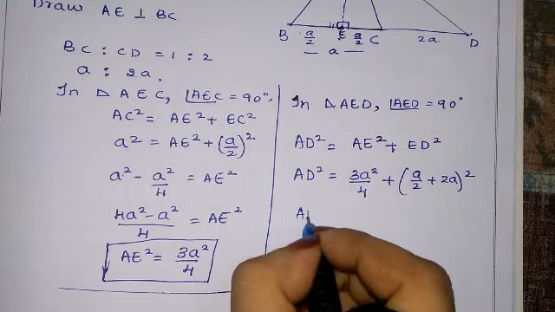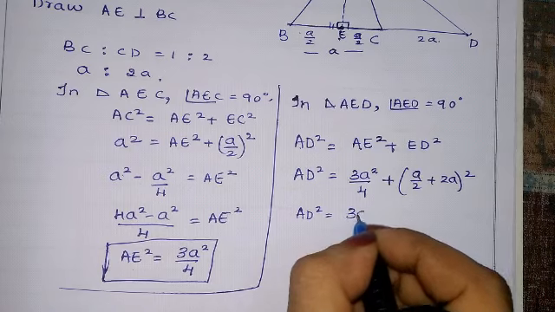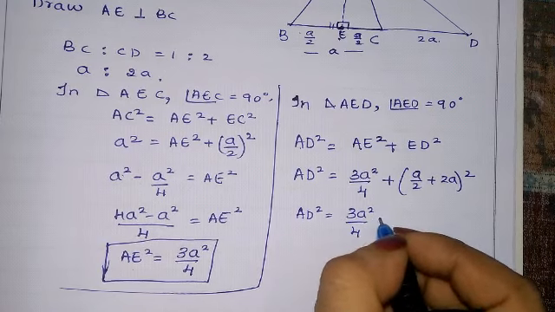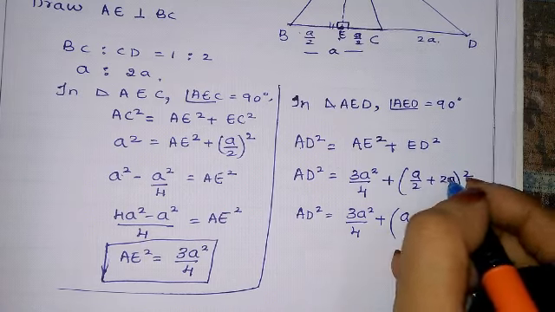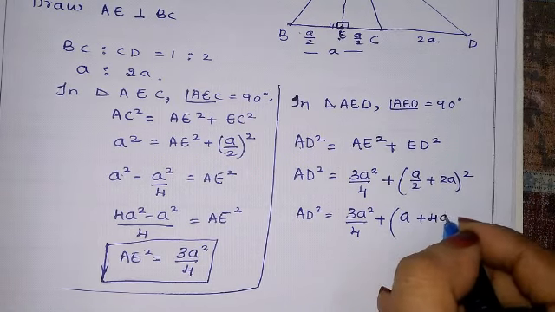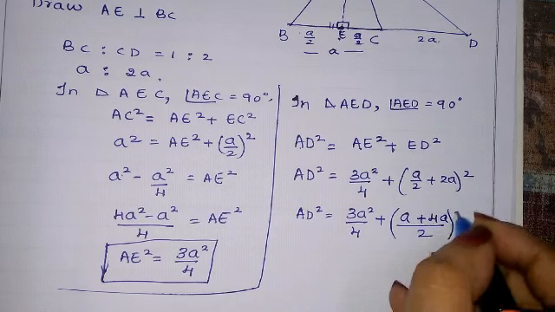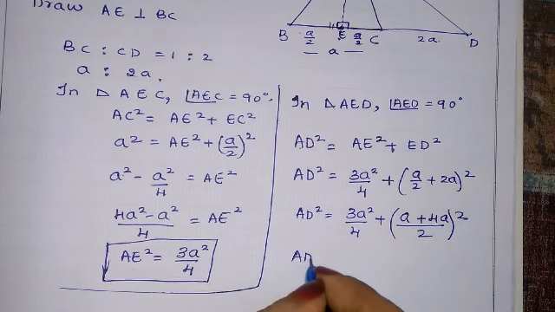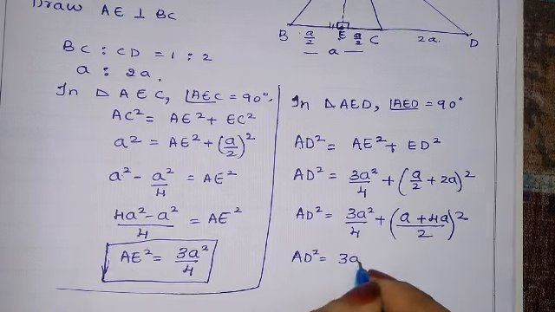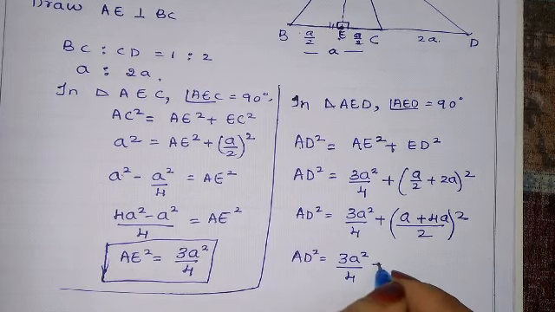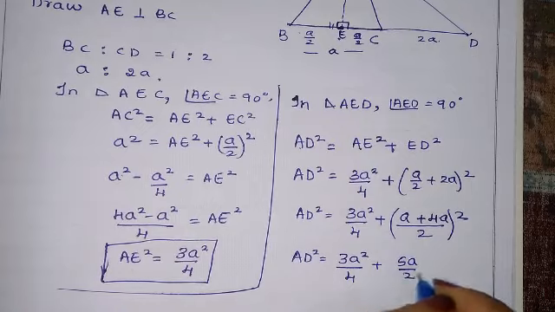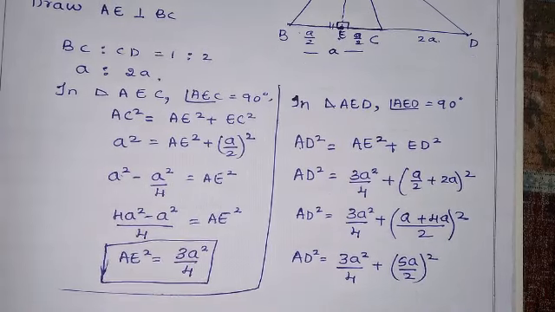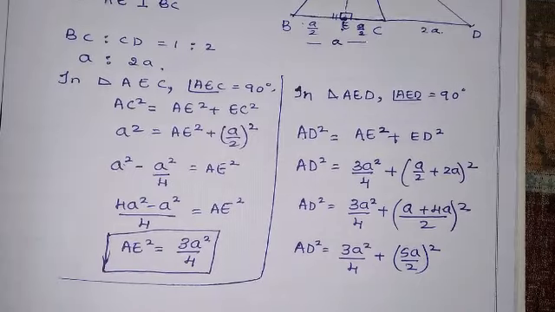AD square is equal to 3A square by 4, as it is, plus let us solve here. 2 twos are 4, so 4A plus A is 5A by 2, whole square.